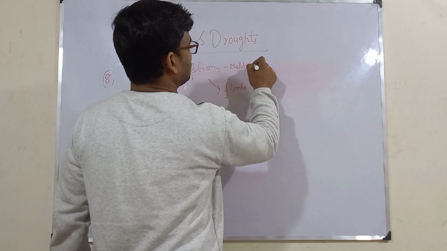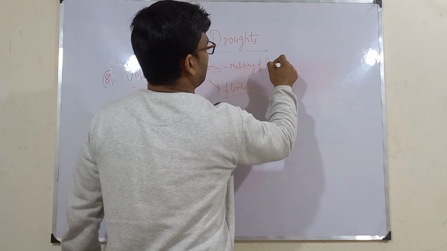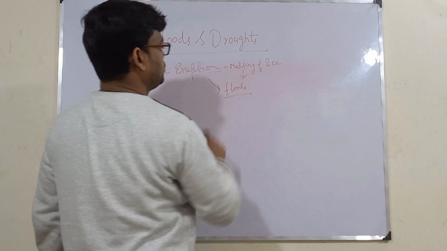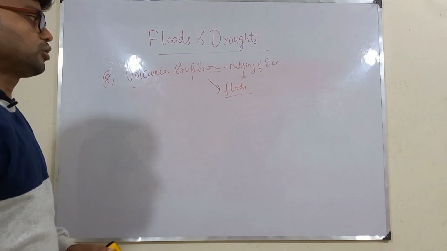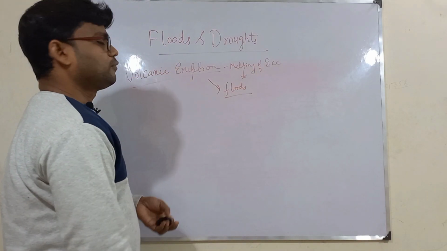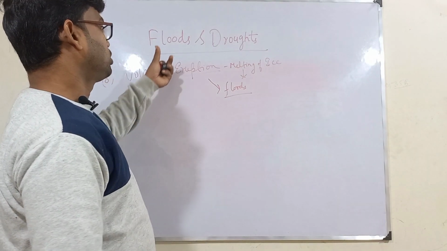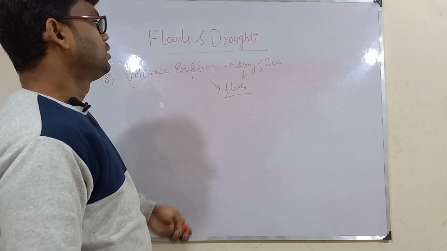Melting of ice results in floods. This is due to volcanic eruption. So I hope you have noted down all the 8 reasons for the floods.